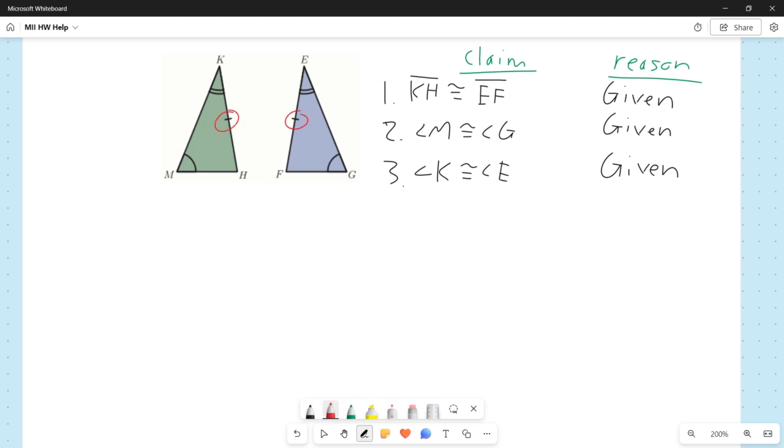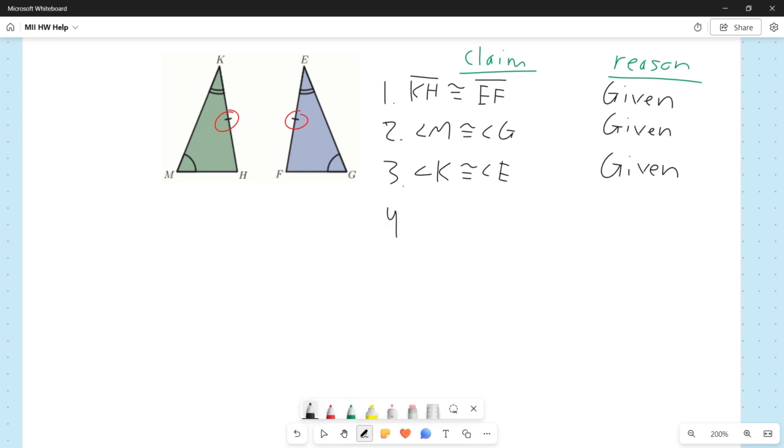and notice that my congruent side is not between my congruent angles, right? If it were, it would be over there, right? But it's not, so I'm going to get rid of those. It's not between my two congruent angles, which means this is not angle, side, angle, but it's angle, angle, side.